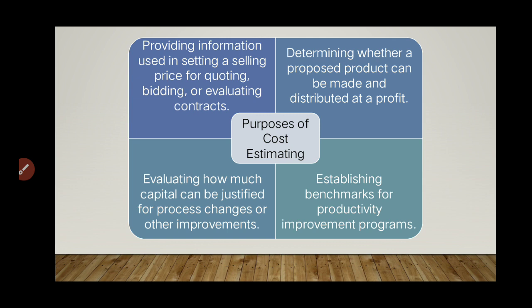First, we have providing information used in setting a selling price for quoting, bidding, or evaluating contracts. Di ba, alam naman natin sa isang government project, nagkakaroon tayo ng bidding. Kung sino yung may lowest bid, siya yung mananalo. Pero hindi lang yun, kundi yung estimated na cost nung total project.